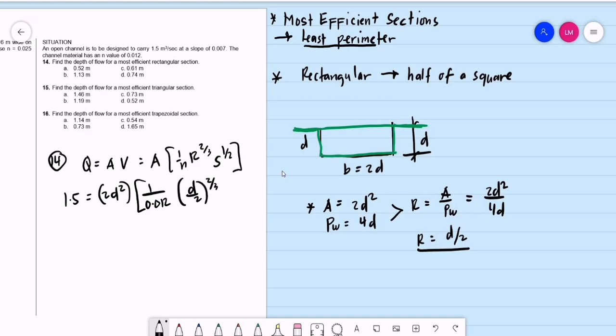This is raised to 2 over 3. Then the given slope is equal to 0.007. This is raised to 1/2. So in this equation, we are now computing for the depth of flow.